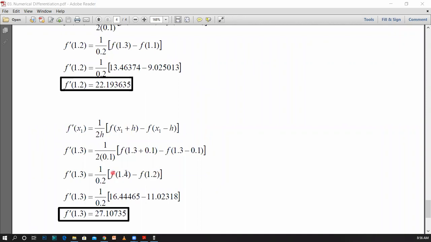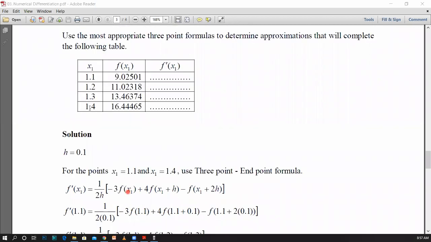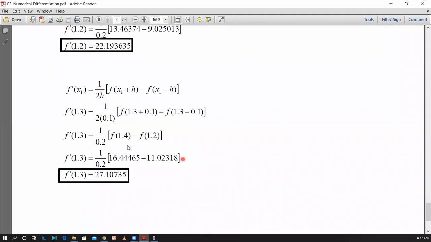Now I need to identify these two values using the table. You can see the value for f(1.4) was 16.44465, and for 1.2 it was 11.02318. Those are the two values we have used. Then the calculation gives the value for the derivative of the function at 1.3 as 27.10735.